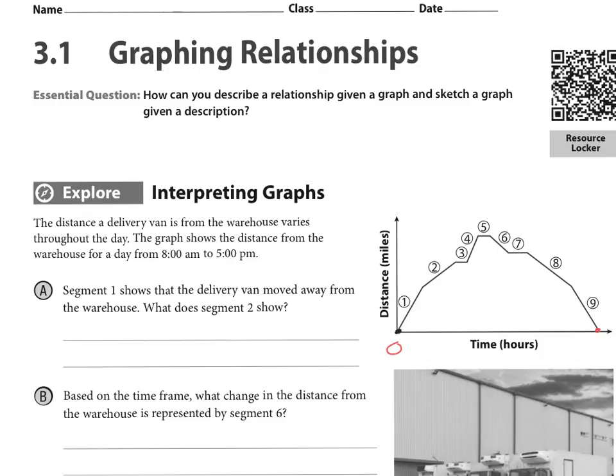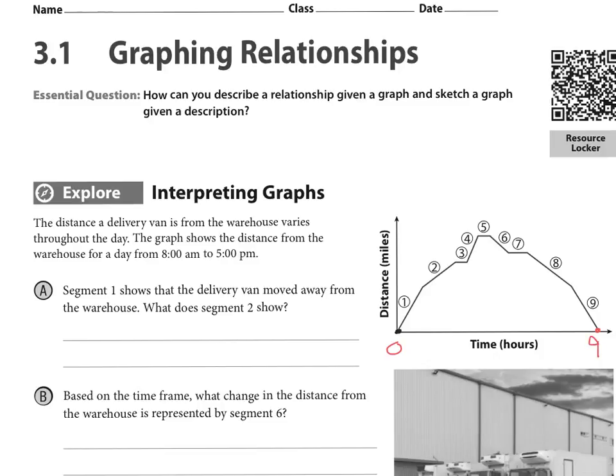What should go right here on the x-axis? How long is it from 8 a.m. till noon? 4 hours. How long is it from noon to 5 p.m.? 5 hours. So overall, how many hours is that? 9. That's what would go right here.